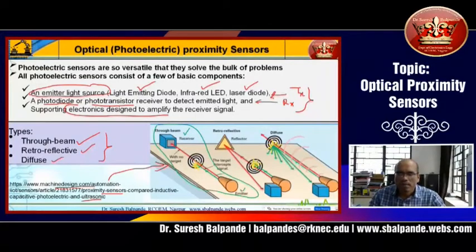Here we have a separate light emitter and a separate receiver section. This emitter will emit the light beam, which may be in the visible range for an LED, in the infrared range, which is generally not visible to human beings, or it may be a laser also.